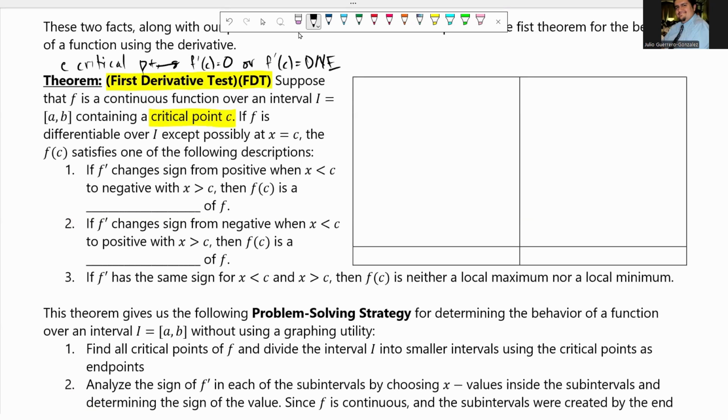Okay, just a quick review. So suppose you have a function and you look at this function over an interval a to b, and somewhere in there you have a critical point c.